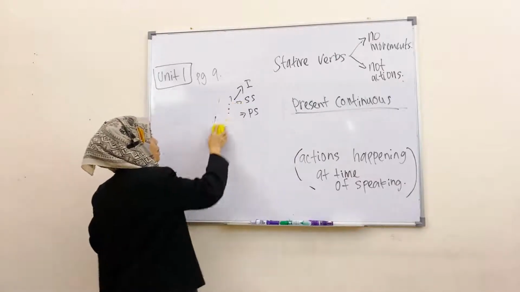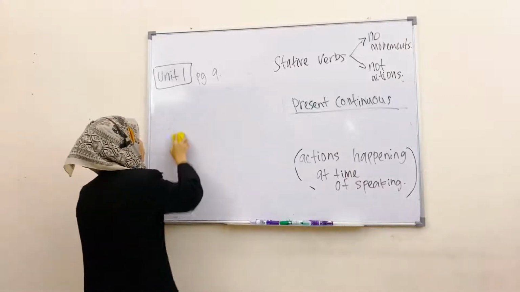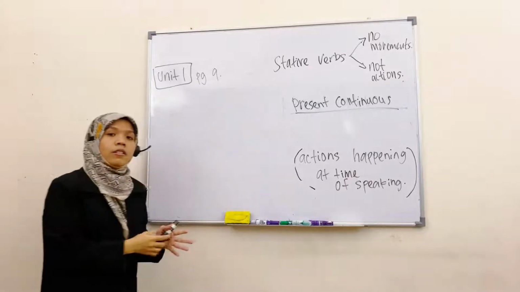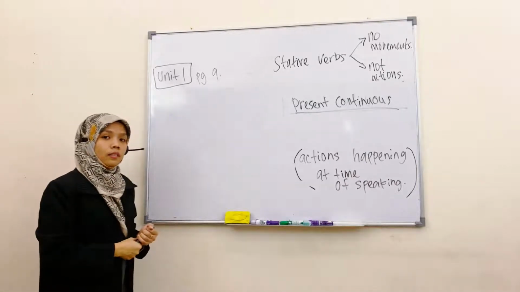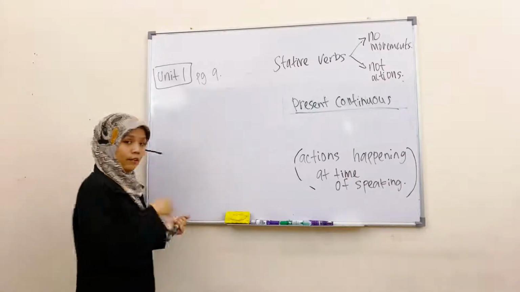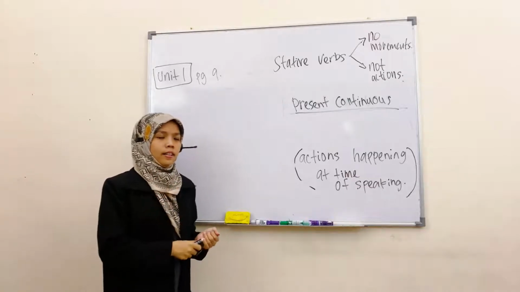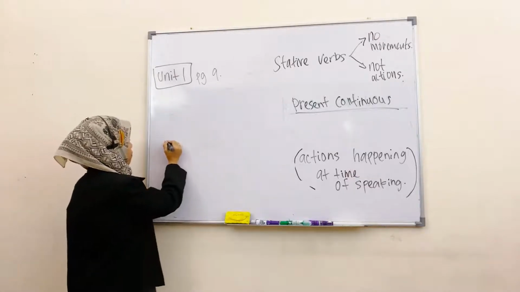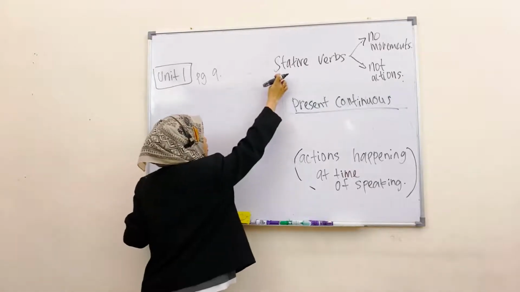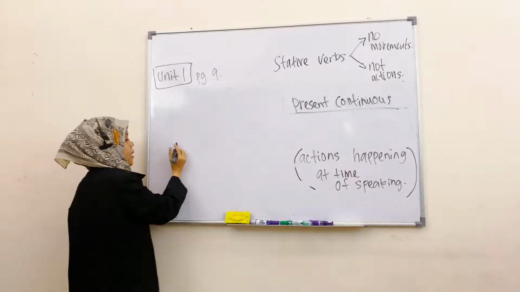The last one is about static verbs. Okay, remember, static verb is no movement, no action. You cannot see the movement, you also cannot know how the things happen. Like for example, just now I mentioned about feelings: like, dislike, hate. So static verbs cannot be with present continuous. That means it must be in present simple.